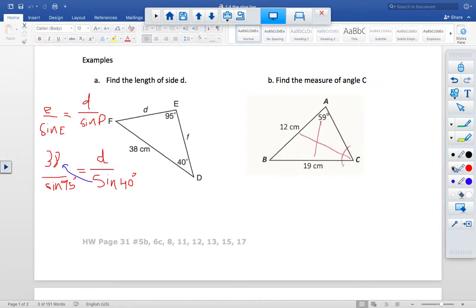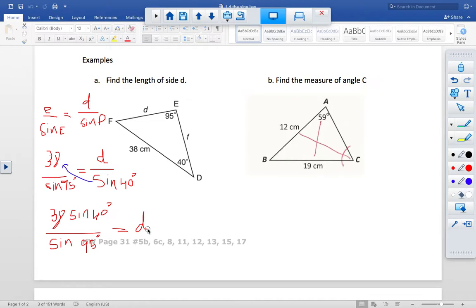So I would have 38 times sine 40 divided by sine 95 equals D. If you plug this in your calculator, you're going to get an answer.